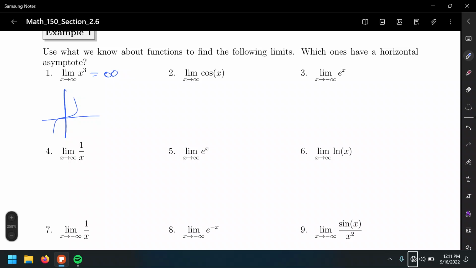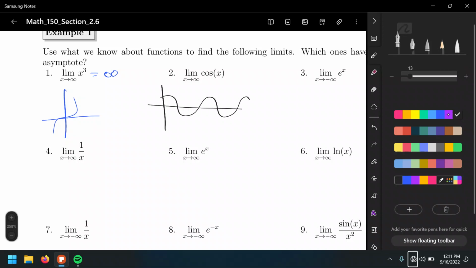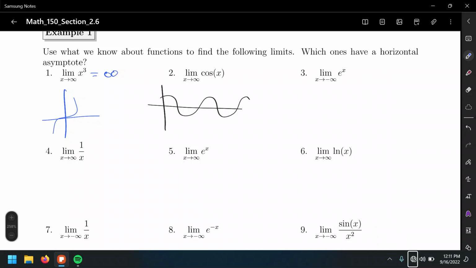Okay, what about cosine? Be careful with some of the trigonometric functions. Cosine happens to look like this, well, that's the same graph forever, right? It just oscillates between -1 and 1. However, in this case, what would be the limit for cosine when x approaches infinity? Any ideas? Would it just be a range between 1 and -1?